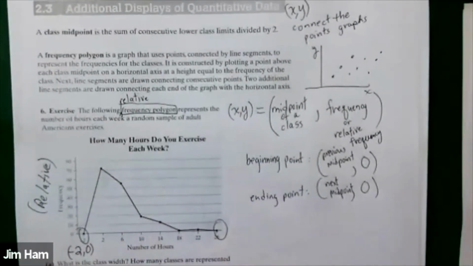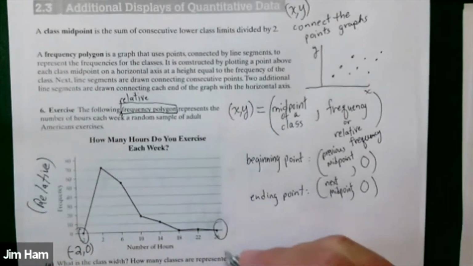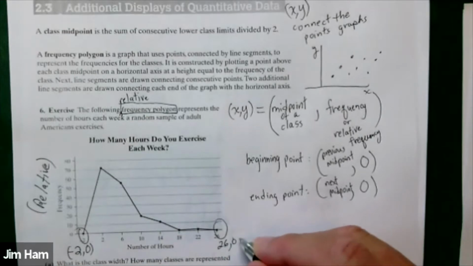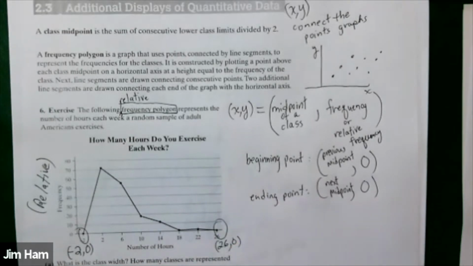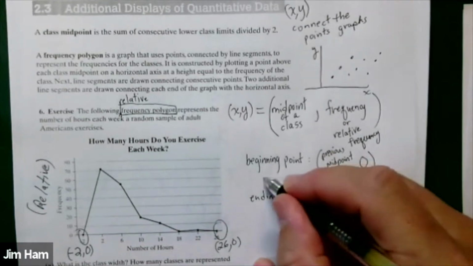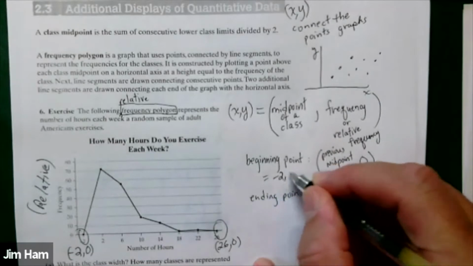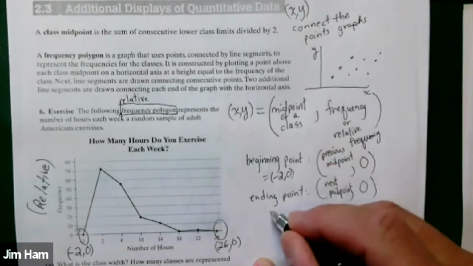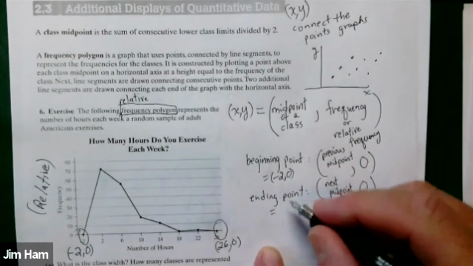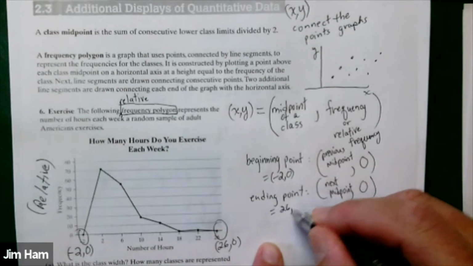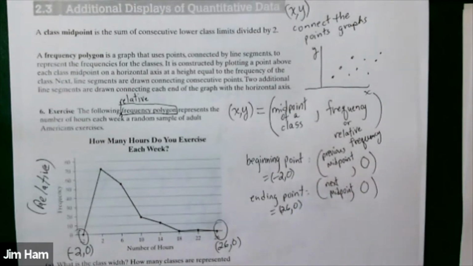That first point is -2, 0, and the last point is 26, 0. So that would be the beginning and the ending point. It's just to add a couple additional points at the beginning and the end so that our frequency polygon begins and ends at 0.